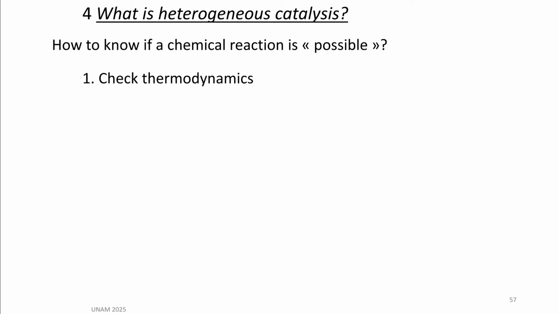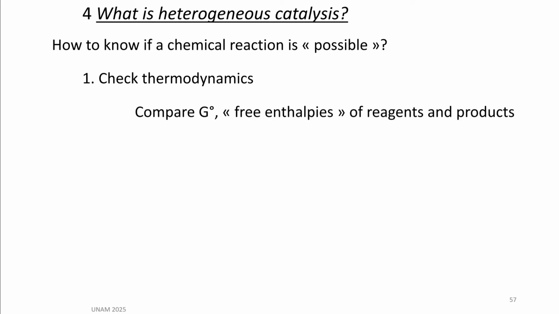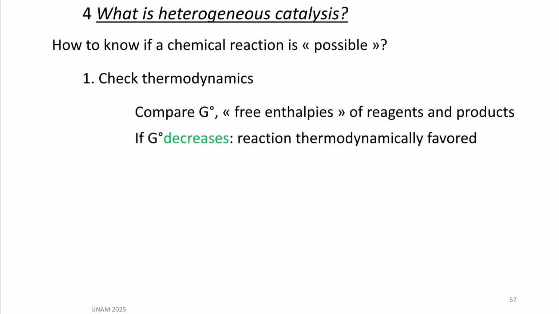So how can you know if a chemical reaction is possible? First, the first criterion is the thermodynamics. That's the delta G0 that I have mentioned already. I've mentioned it for adsorption, but it's a general fact of life that a reaction will be possible if G0 decreases, if delta G0 is negative.